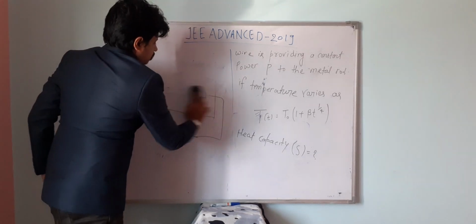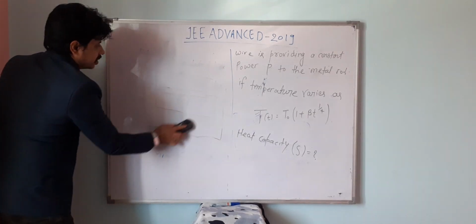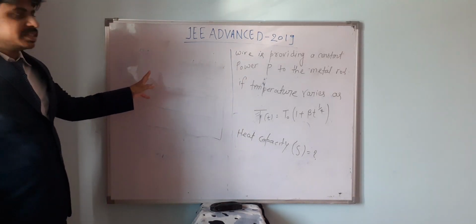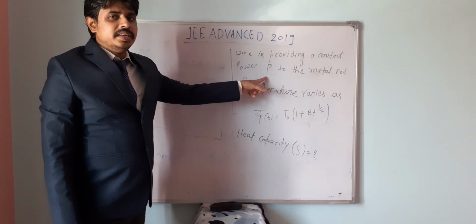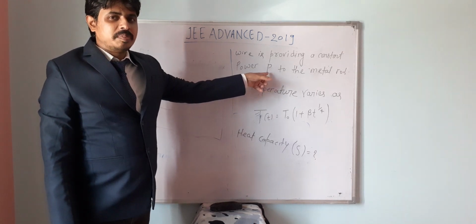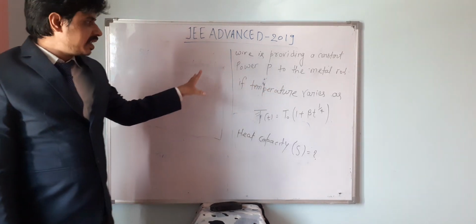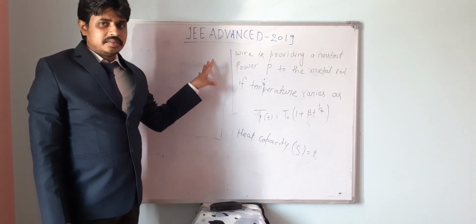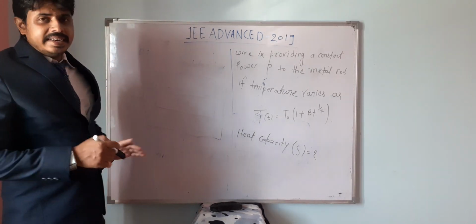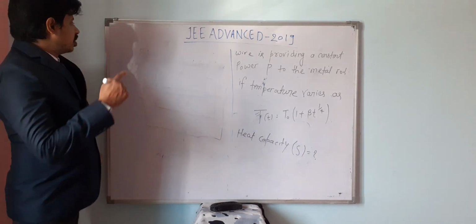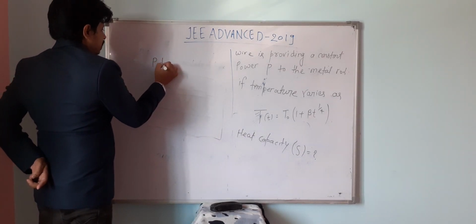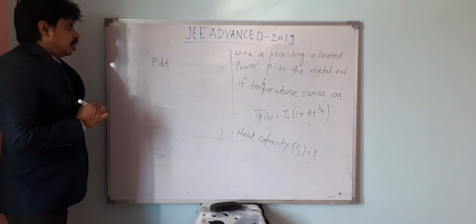First thing is that if P is the power, it means P joule heat is produced per second, means the wire is supplying heat energy equal to P joule per second. So in a small time dt, it will supply a heat amount equal to P dt.